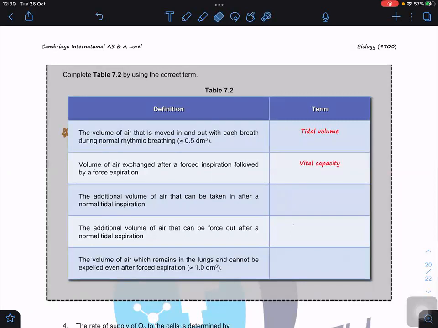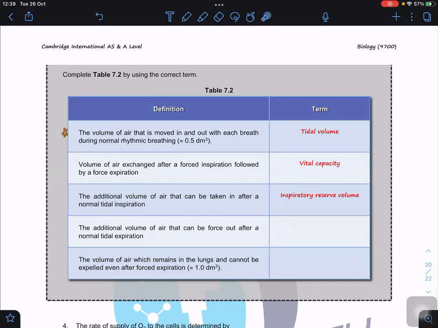Vital capacity. So the additional air, the volume of air that can be taken in after a normal tidal inspiration, so you only normally take, right now, this one is the inspiratory reserve volume.